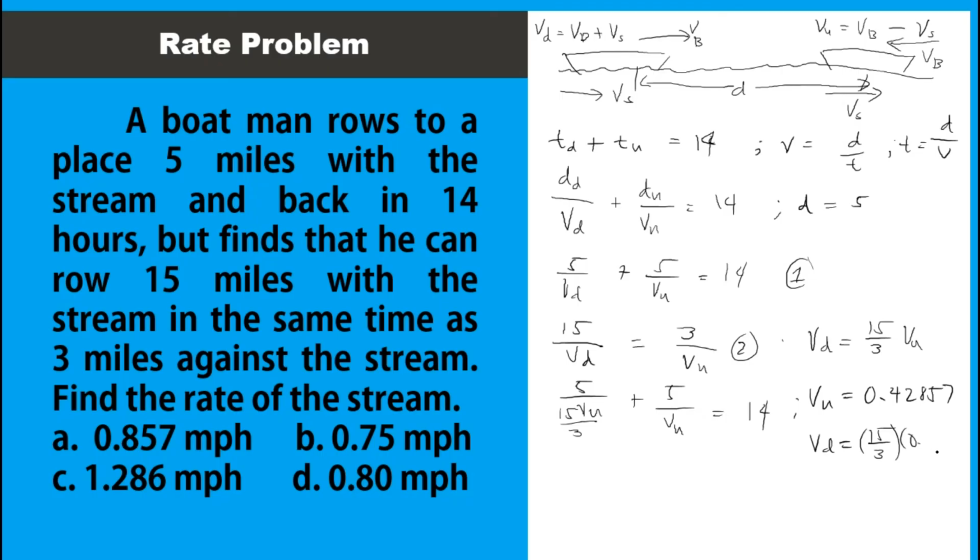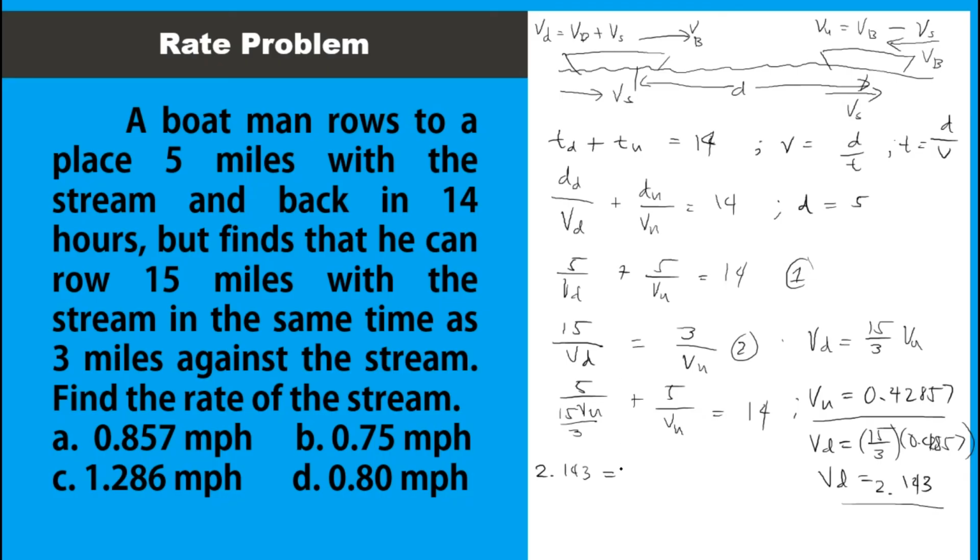So 0.42857 times 15 over 3, so v sub d is equal to 2.143. You have these two values. The downstream velocity is 2.143.